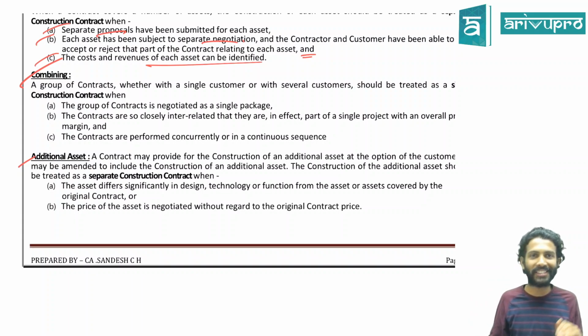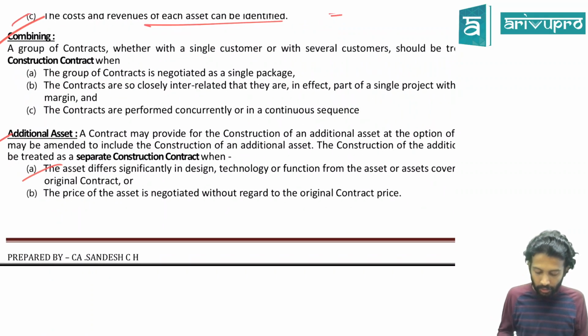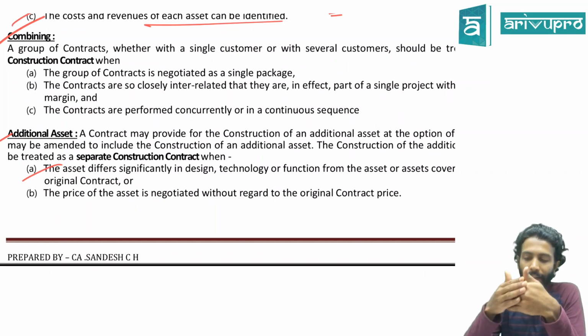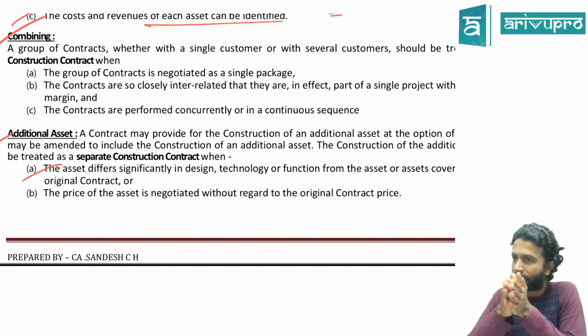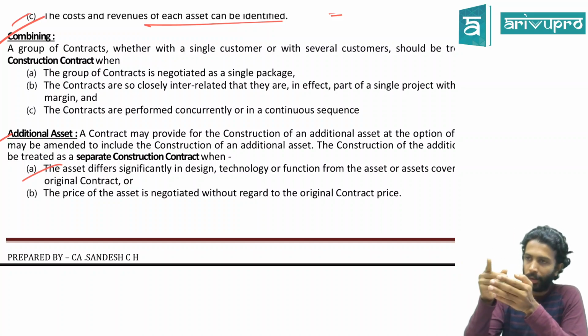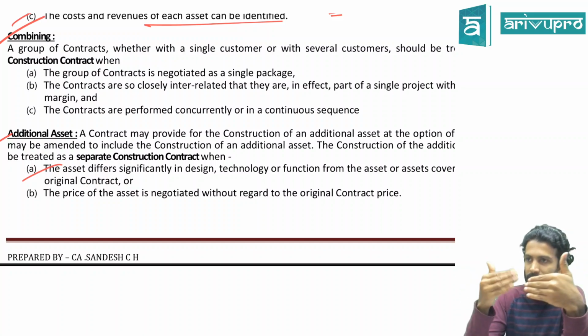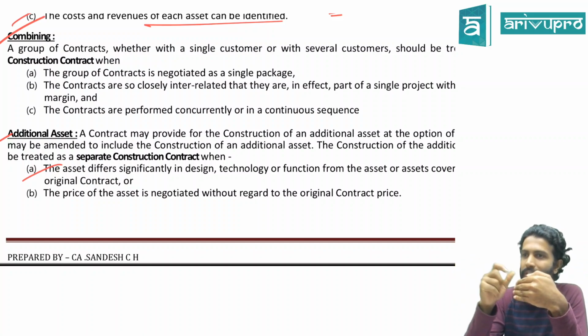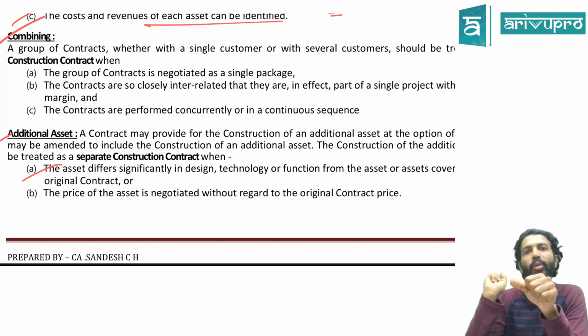So all answers are fine. Let's look at the provisions and then we'll decide. One is whether to treat it as a separate contract or to merge it into the old one. For that you have to test 2 conditions. One, you extended a flyover by 1 kilometer, right? You have to check the nature of the additional asset. How different is it from the old asset?